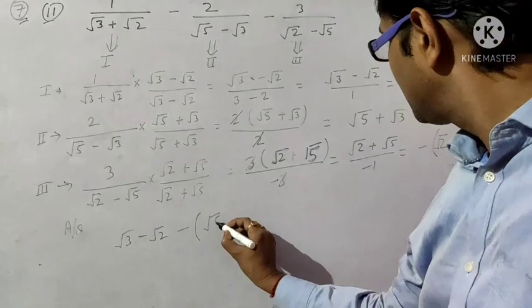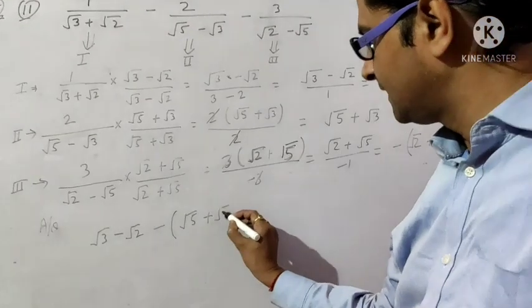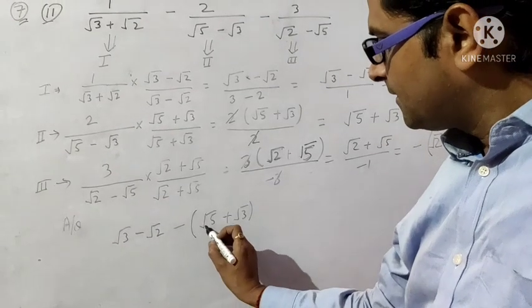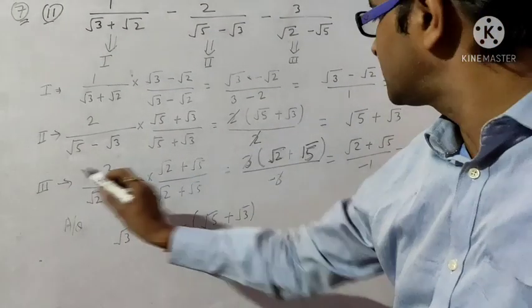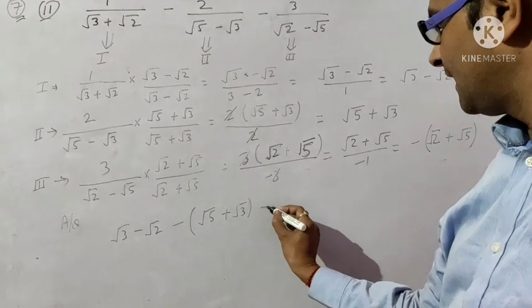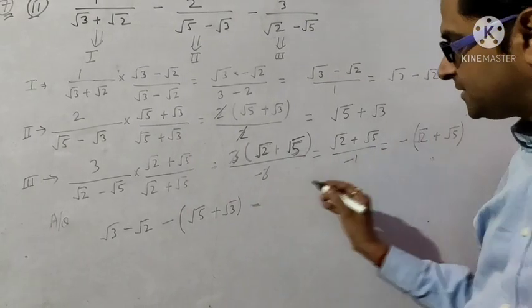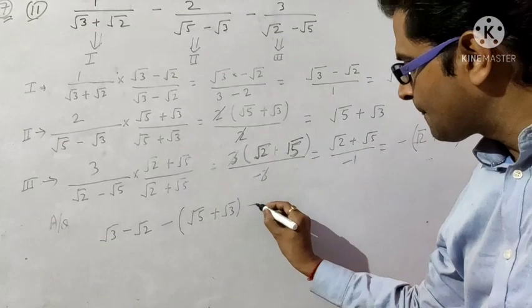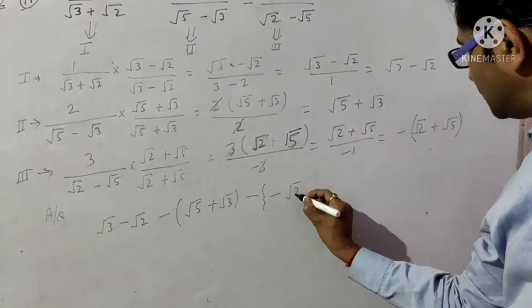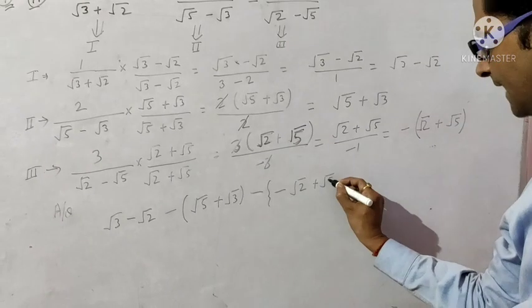Because the last value is minus, here is the minus and this value is again minus. So minus and minus root 2 plus root 5 like this.